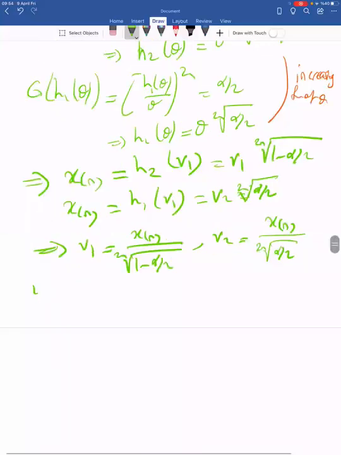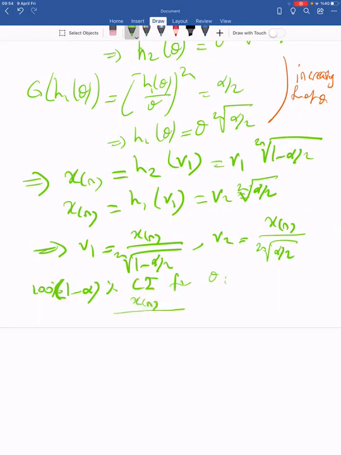Okay, so this means that 100 times 1 minus alpha percent confidence interval for theta is xn over 1 minus alpha over 2 to 2n, theta, xn. Basically, we don't work with the probabilities here, so immediately you can write the intervals. So this will be the interval that we will get.